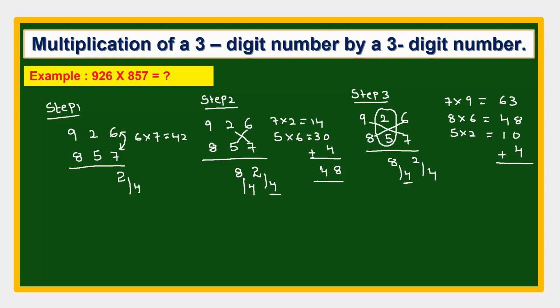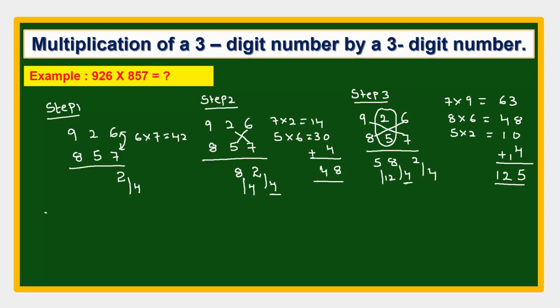Right. 4 plus 8, 12, 12 plus 3, 15, 5 here and 1 here. 6 plus 4, 10, 10 plus 1, 11, 11 plus 1, 12. So write 5 here and carry forward 12 down here.